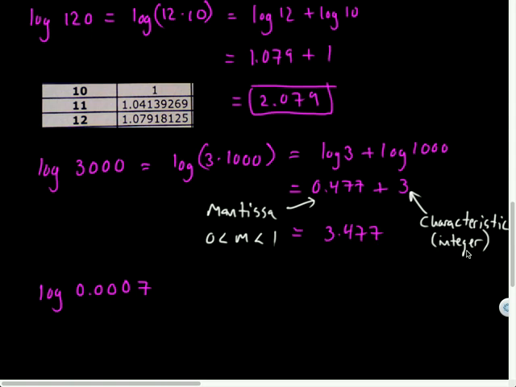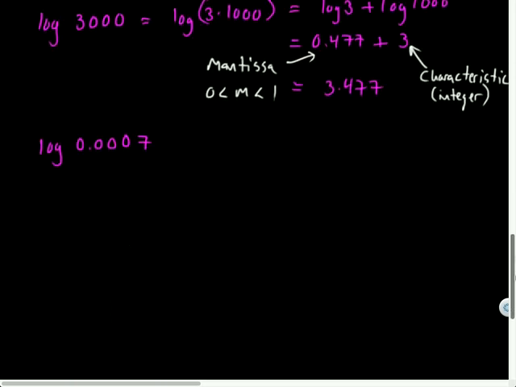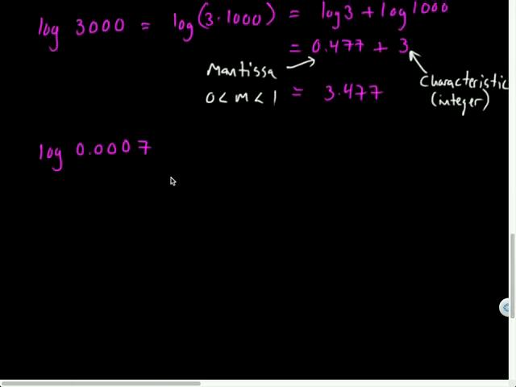So in this case, so far, it appears as though the Mantissa will just be our decimal part. However, in our next example, it will be a little bit trickier for when you take the log of a number that's a decimal. Does anyone have an idea of how we could set up this one here? This is log of 7 times 0.0001. I'll write it out like that for starters.